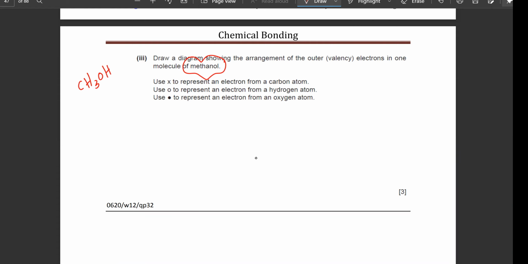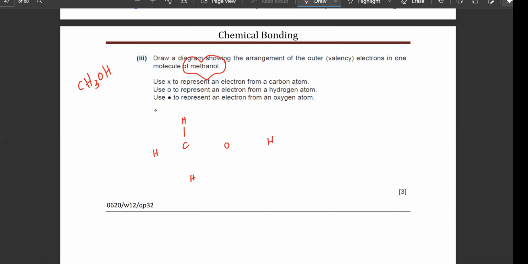Carbon is a non-metal, hydrogen is a non-metal, oxygen is a non-metal. All of them are non-metal, so it's covalent. Carbon is in group 4. How many bonds does it make? 4. So you've got 3 hydrogens, there's an oxygen and there's another hydrogen, right?